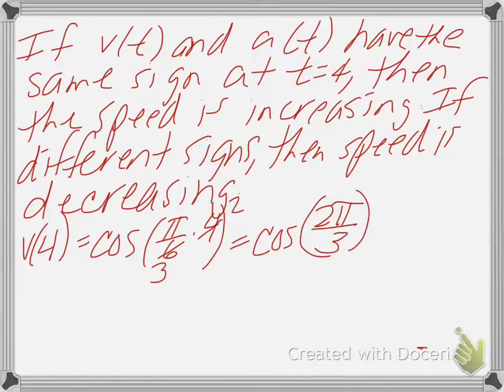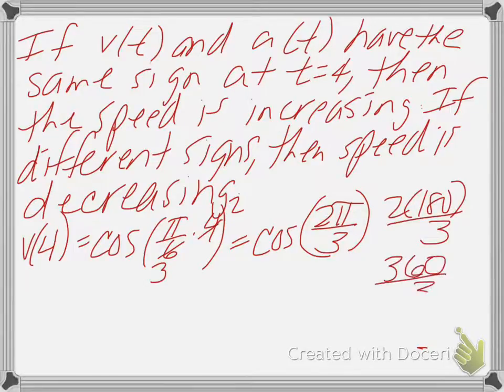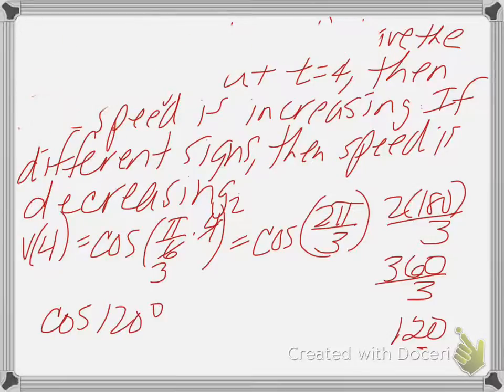How are we going to figure that out without a calculator? Well, we know that 180 degrees is pi, so this is really 2 times 180 over 3. 2 times 180 is 360, and 360 over 3 is 120. So this is really asking for cosine of 120 degrees. That's what we need to find. This is definitely a big unit circle problem.